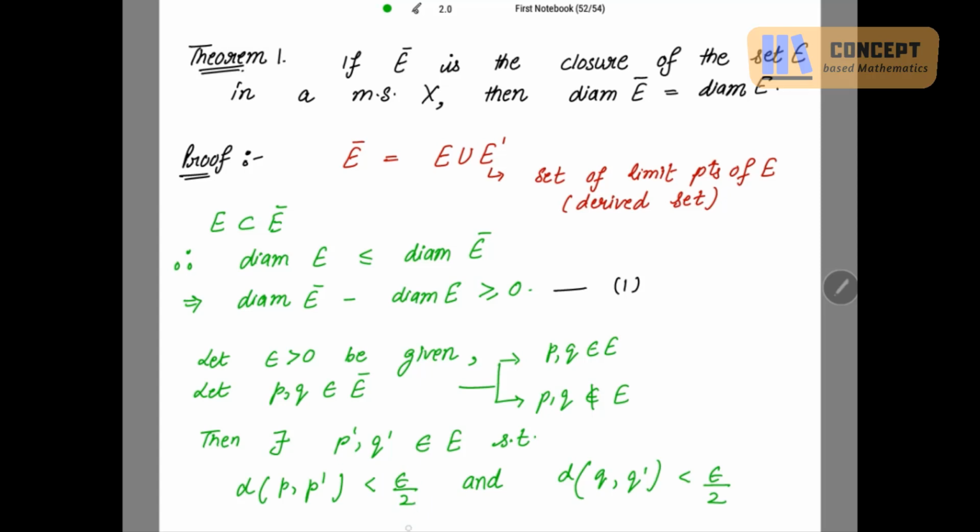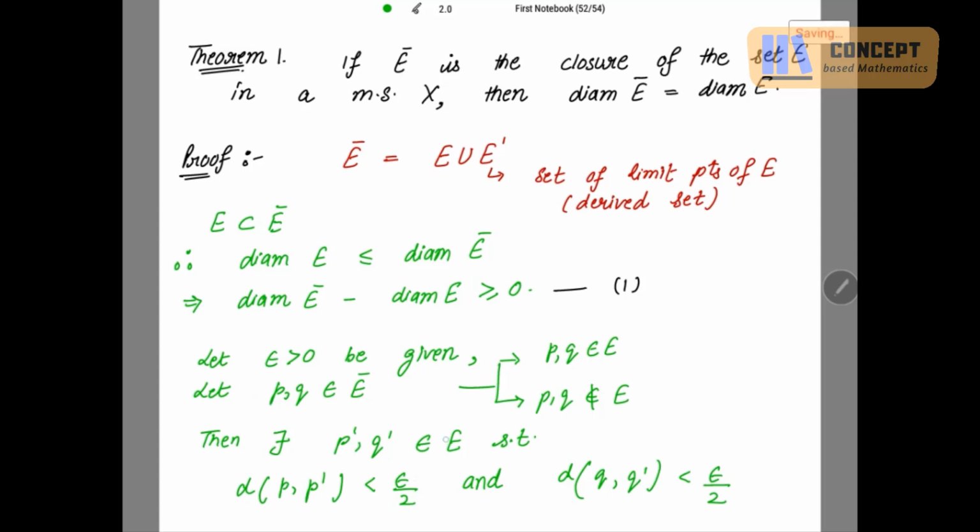Yes, because if P dash belongs to E, I can manage this distance because P dash is present in E, and if P is also present in E, then this distance can also be taken as epsilon by 2.